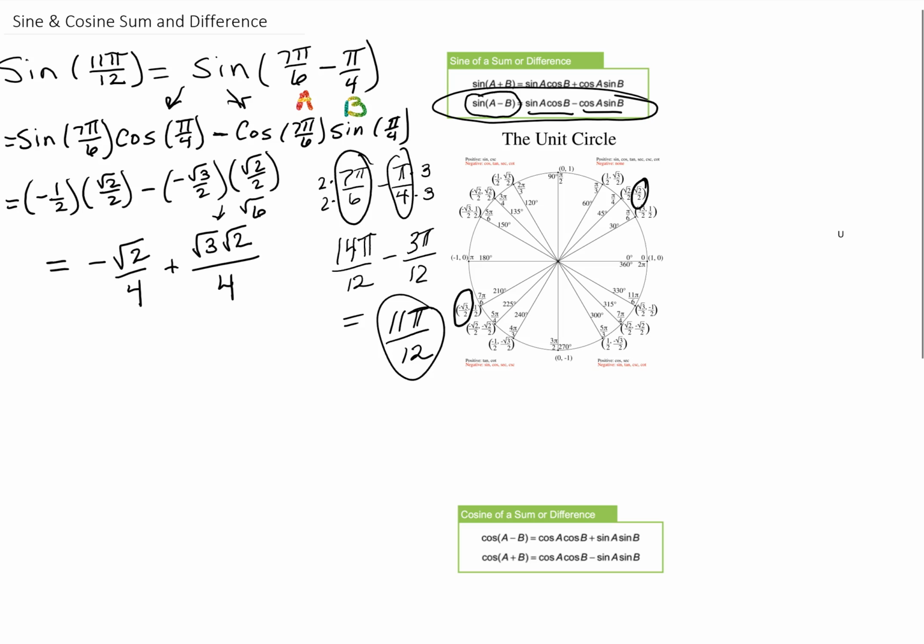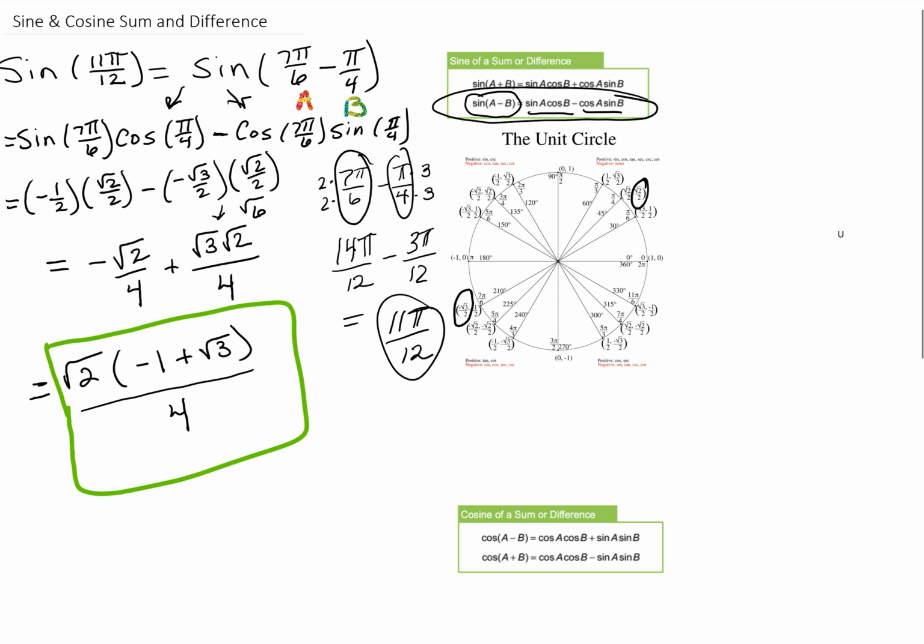But in this case, I'm going to factor out the square root of 2, and I'm going to leave it as negative 1 plus the square root of 3, all divided by 4. So I will write this as my answer for this very first problem.